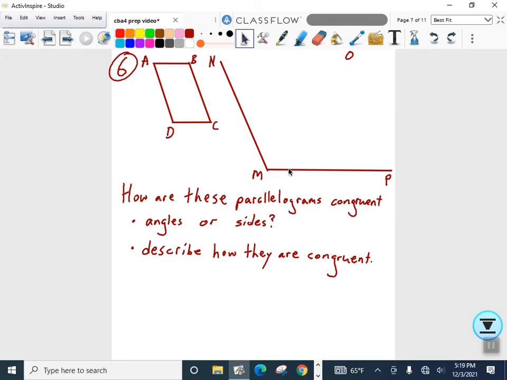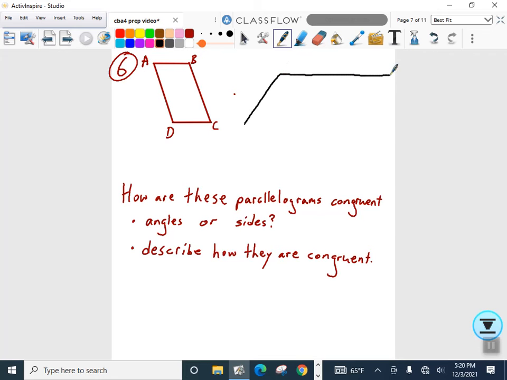It's not as clear as I would have liked. Okay. Okay. So there we are.